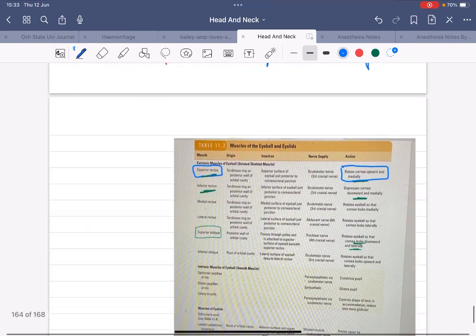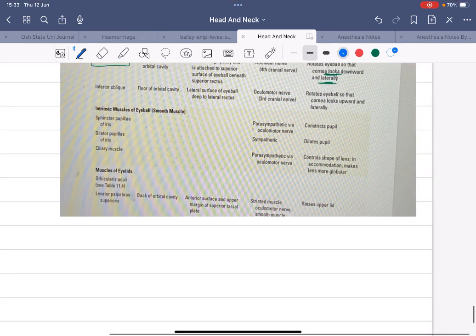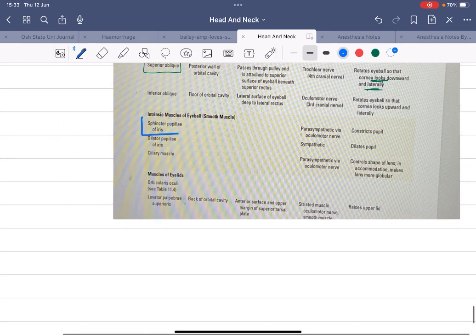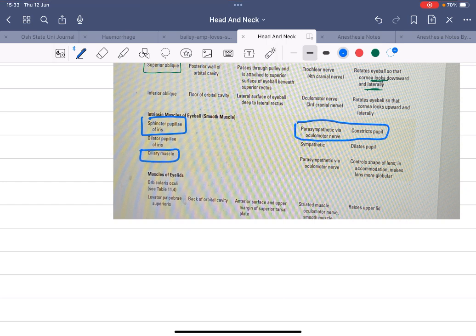See here: the sphincter pupillae of the iris, parasympathetic, constricts the pupil; the ciliary muscle, parasympathetic via the oculomotor nerve. These two are through the ciliary ganglion, for accommodation and constricting the pupil.